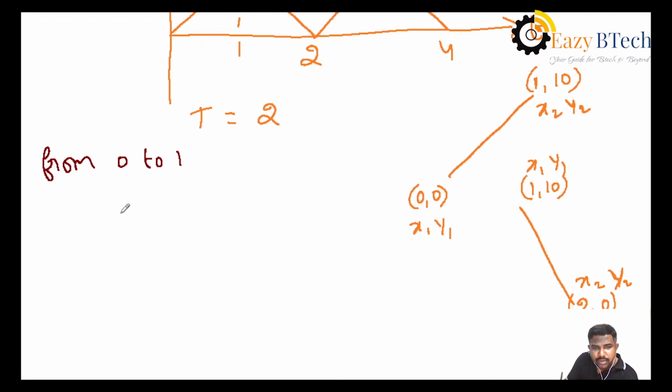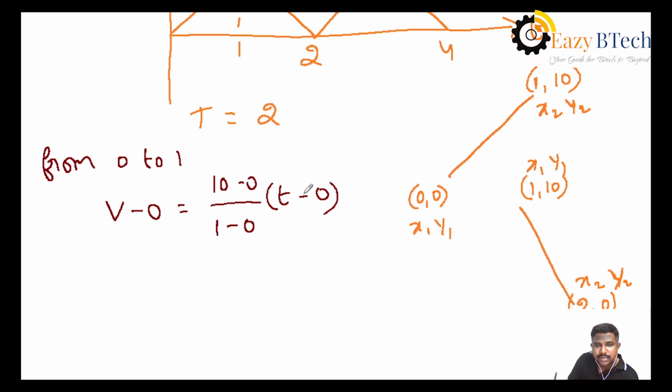Then what is here? y minus y1, that is v minus y1, 0. y2 minus y1, 10 minus 0. x2 minus x1, 1 minus 0. x is t minus x1, x1 is 0. Further, v equal to 10t when 0 less than t less than 1 for this time period.